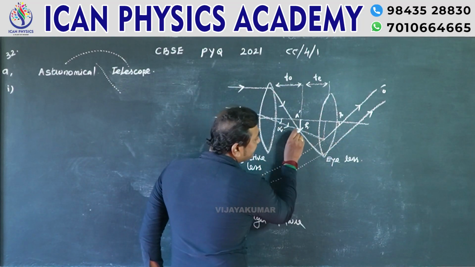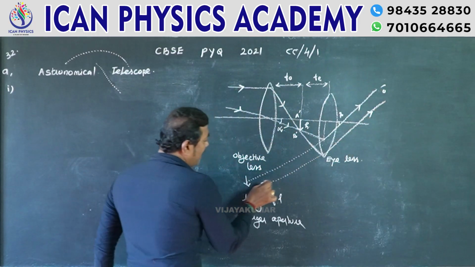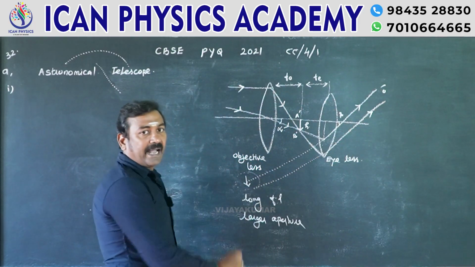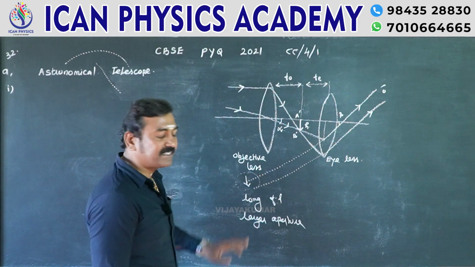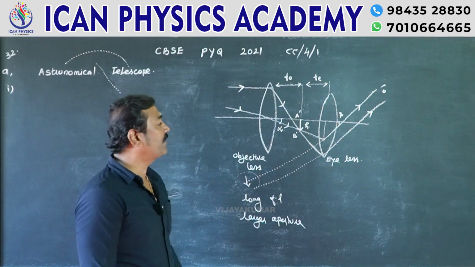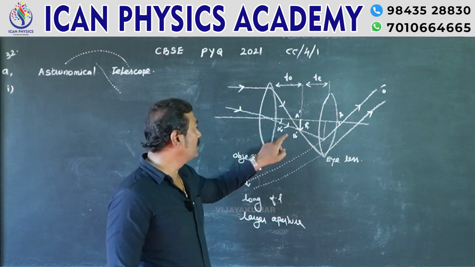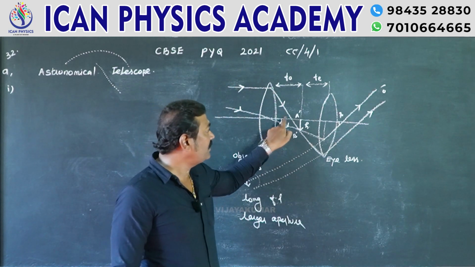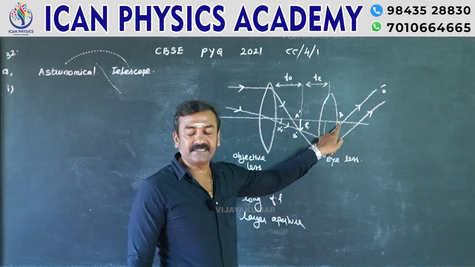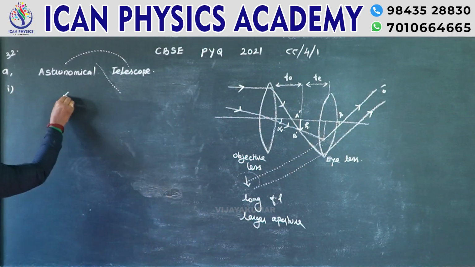From that, we get the deviated ray, which is refracted, and we get the highly enlarged, inverted final image on the same side. Now it forms two angles, alpha and beta. So now I am going to calculate alpha and beta.